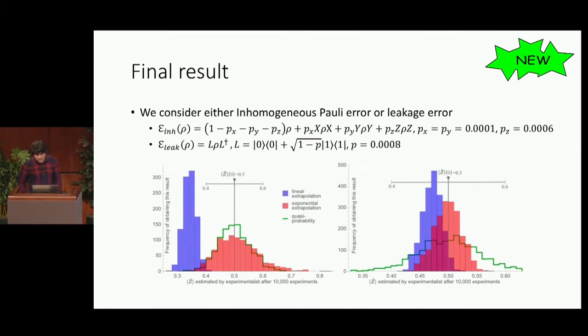For the leakage error case, the result is different, where the exponential extrapolation method works better, while the quasi-probability method works slightly worse. But you should be careful that the range of the x-axis is different. So in fact, for the leakage error case, the quasi-probability method doesn't work that badly.